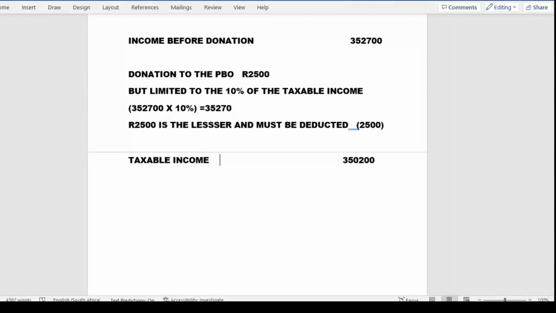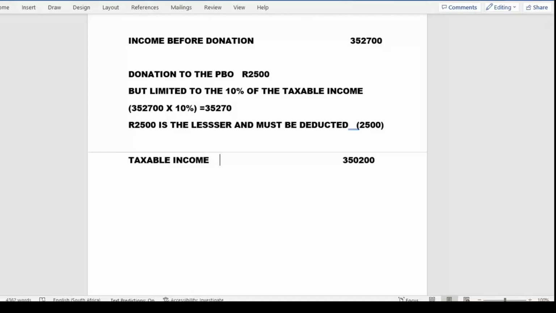Okay, the Act says that we need to take the lesser between the adjusted taxable income and the donation that has been made. So the lesser is 2,500 rand, which is the donation that has been made. That's why we have taken that one into account. Oh, the lesser between 35,270 and 2,500. Yes.